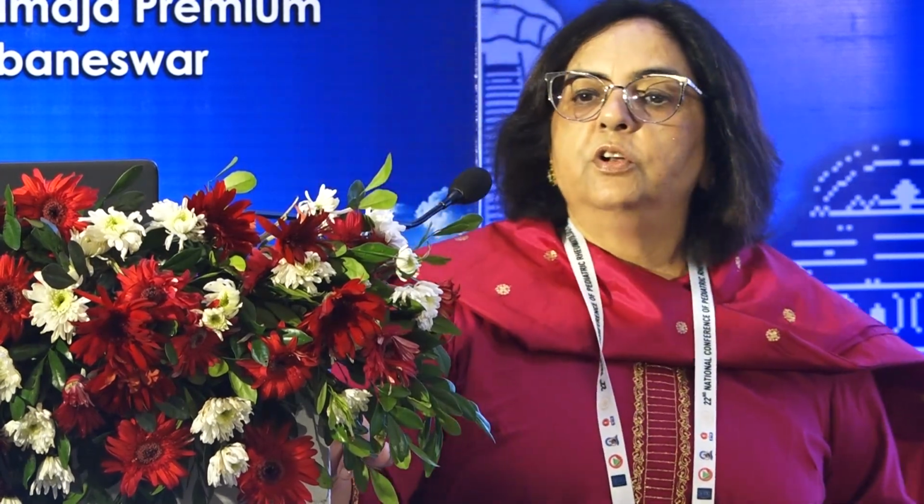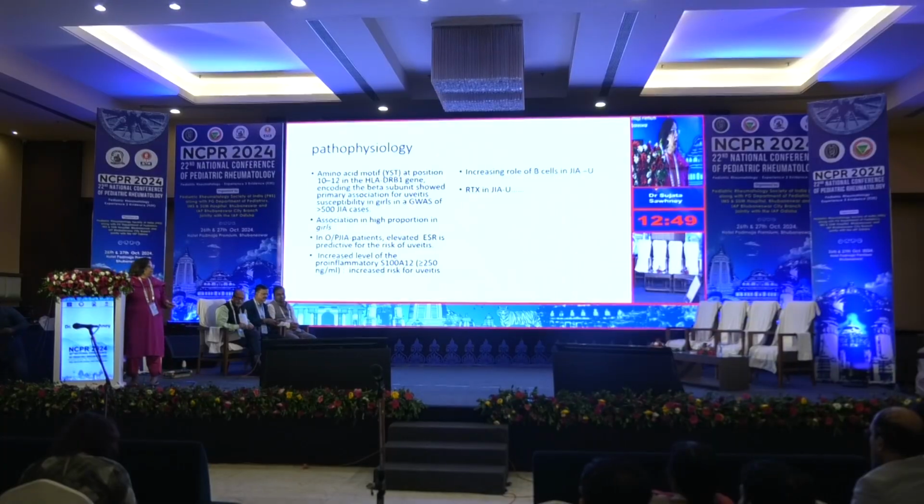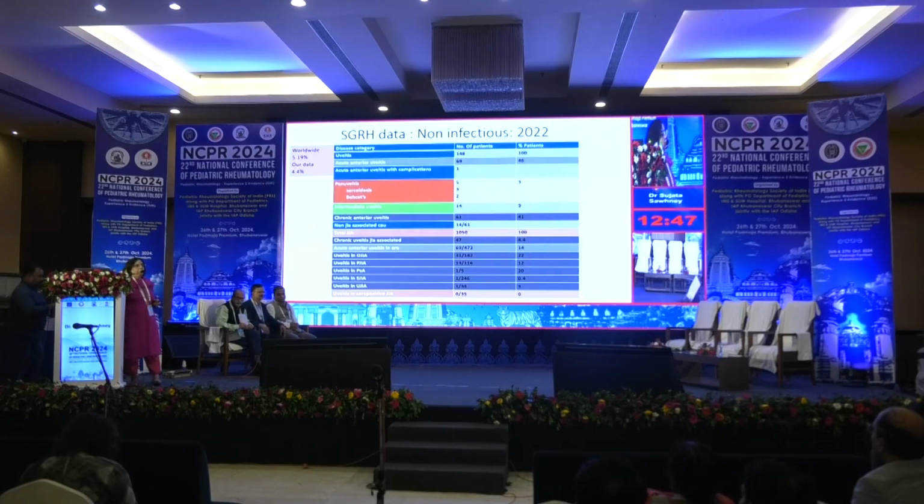Rituximab is not a go-to drug for this kind of uveitis. It's intriguing, because these patients are ANA positive, and ANA is produced by B cells, right? Some trials in adult non-infectious chronic anterior uveitis show that rituximab is effective, but we don't have any class 1 trial on rituximab in these patients.